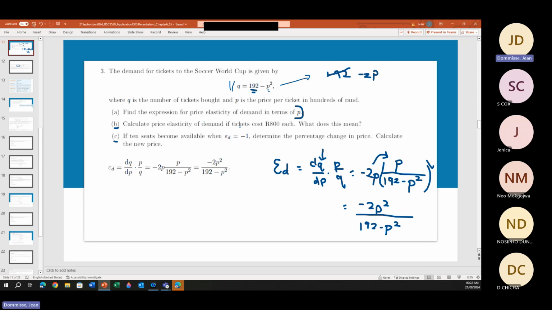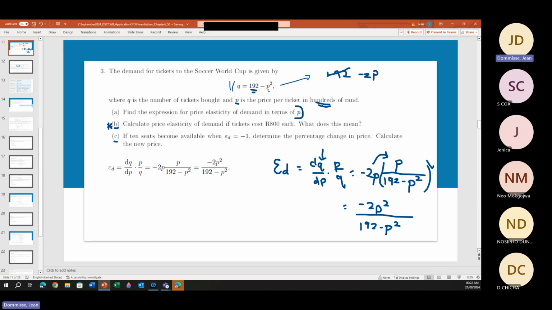So I think the one thing to look out for in question B is in the formula they say P is the price per ticket in hundreds.